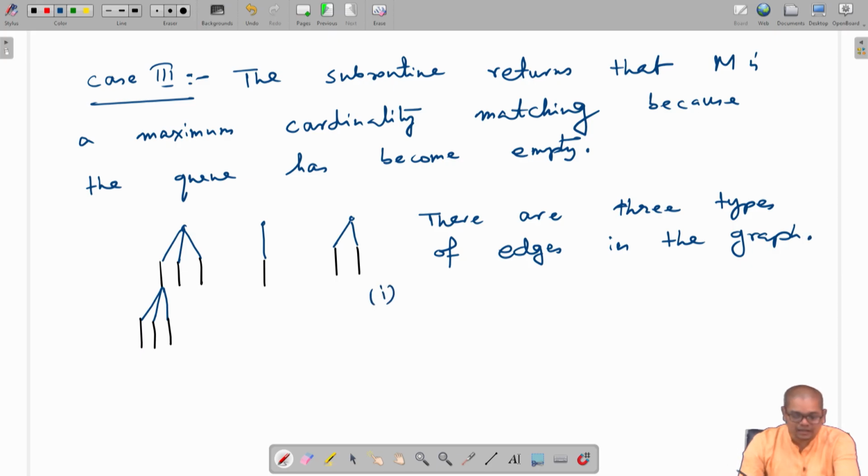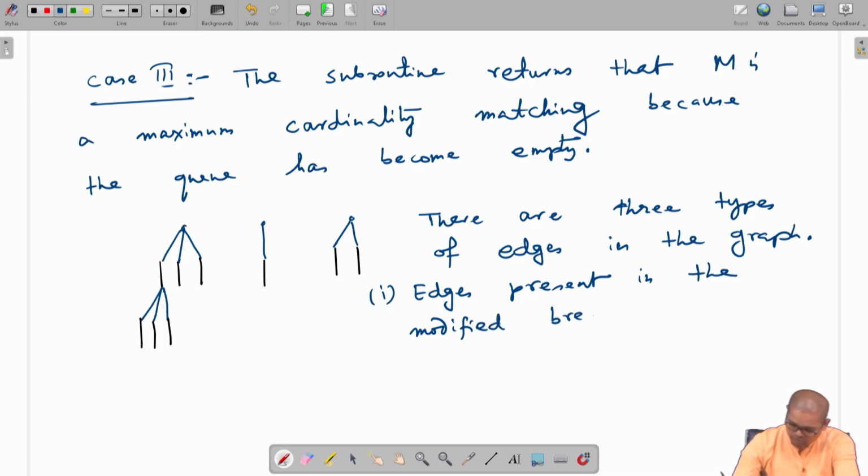The first one are edges present in the modified breadth first search forest.